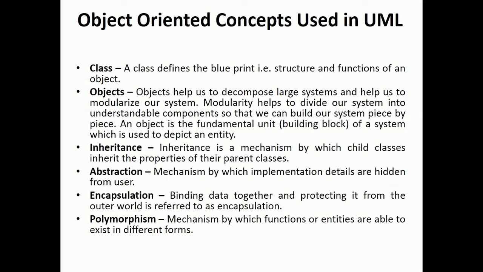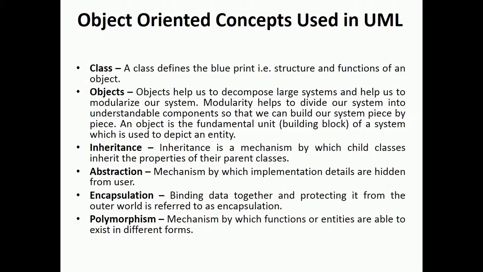Modularity helps to divide our system into understandable components so that we can build our system piece by piece. An object is the fundamental unit, or building block, of a system, which is used to depict an entity.